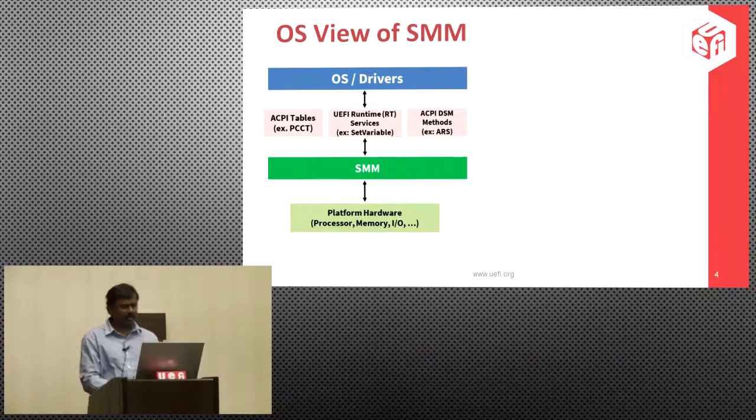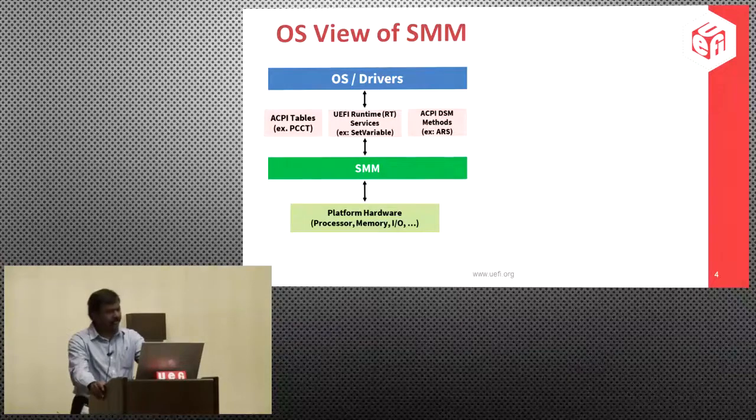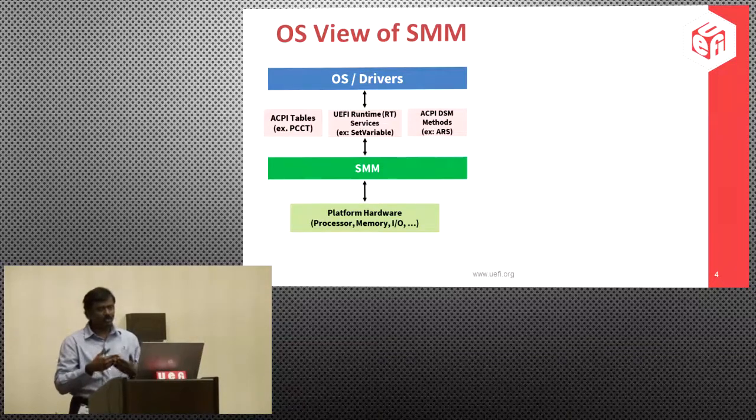So let's look at what kind of SMIs we are going to tackle first, right? Now, when you look at how the OS interacts with the platform, we have abstraction layers. ACPI is an obvious one. And then we have runtime services, right? And OSs don't invoke SMI directly.